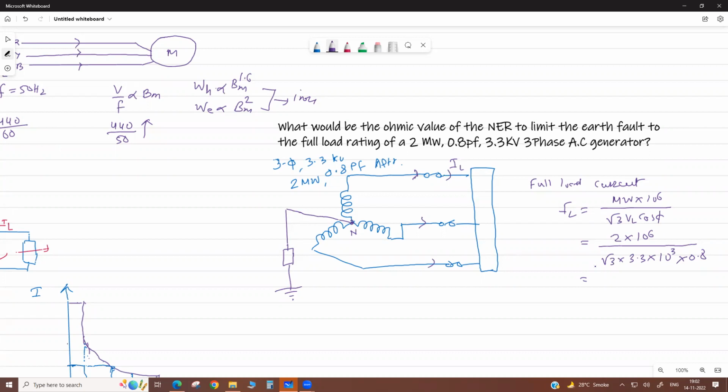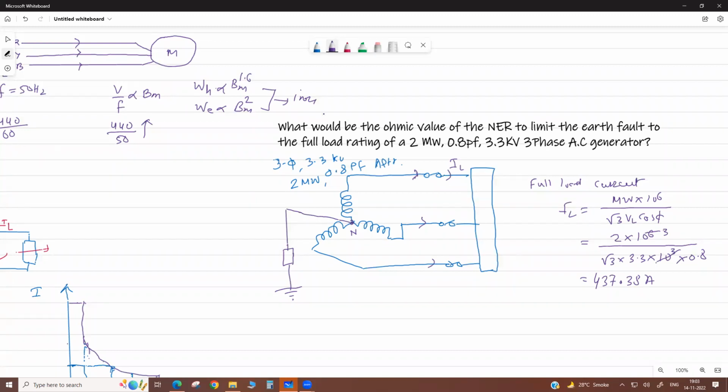Cancelling, it becomes 10 raised to power 3, so you multiply with 2000. It is 437.38 ampere only. This is the rated full load current.